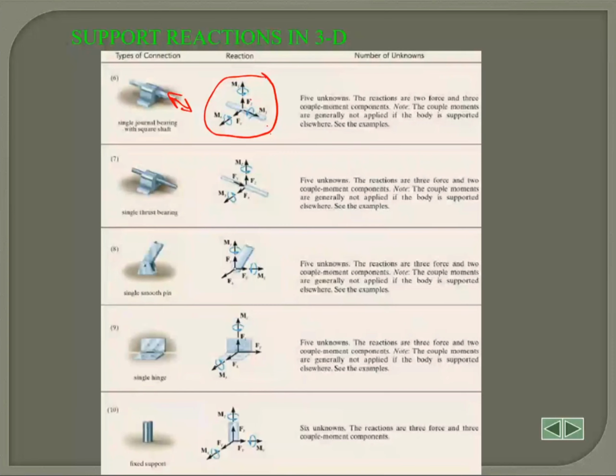This is a thrust shaft, a thrust bearing. What's a thrust bearing?